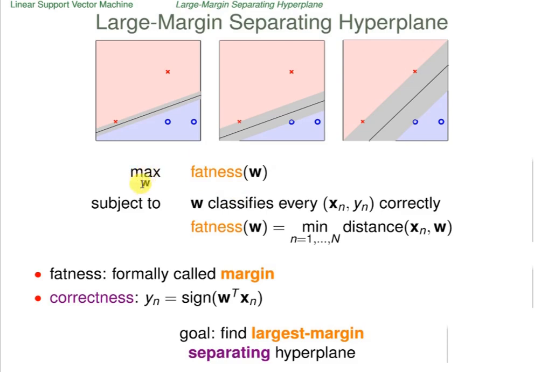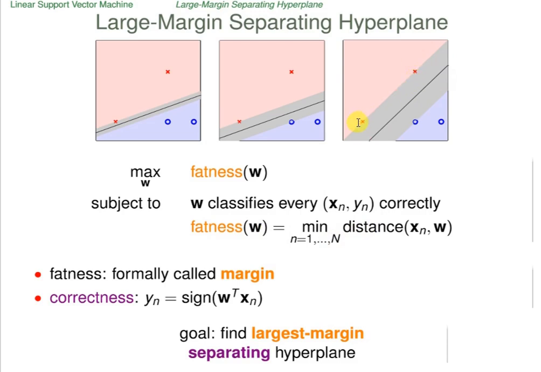So find the weights of a hyperplane that has a fat margin, or the fattest hyperplane, subject to the hypothesis classifying every point correctly. And the fatness of the hyperplane is equal to the minimum distance between the hyperplane and the closest point.